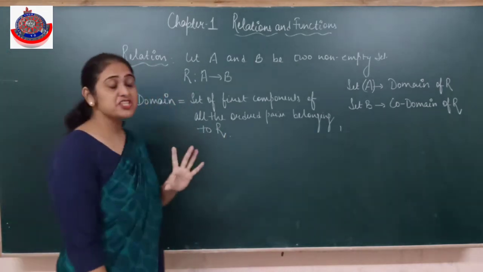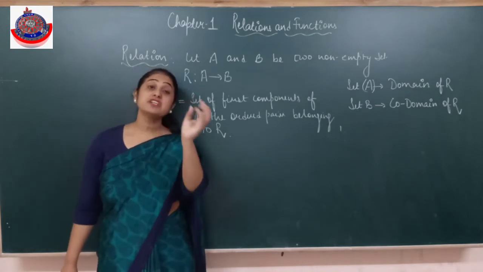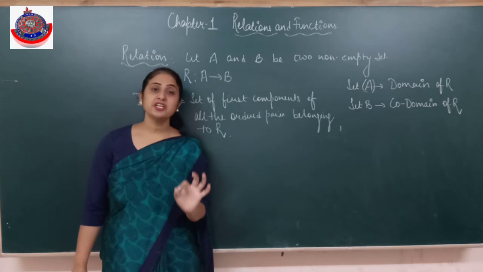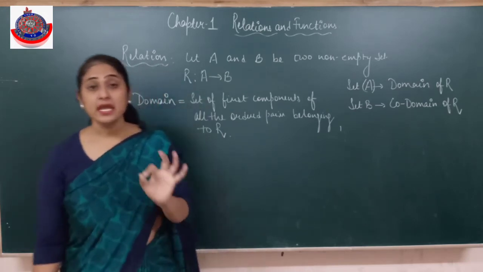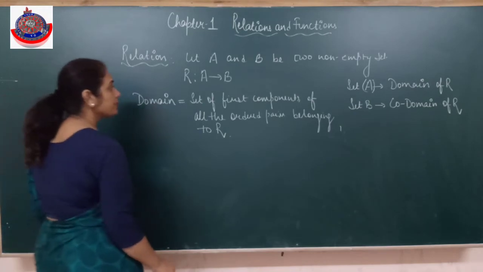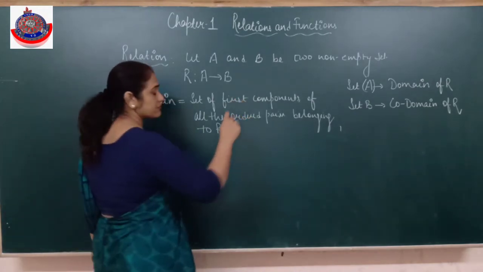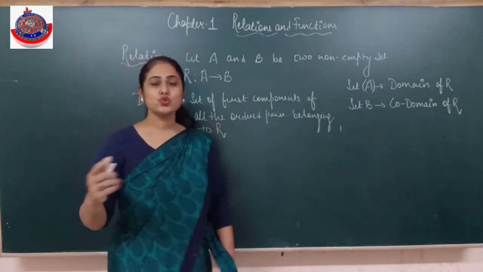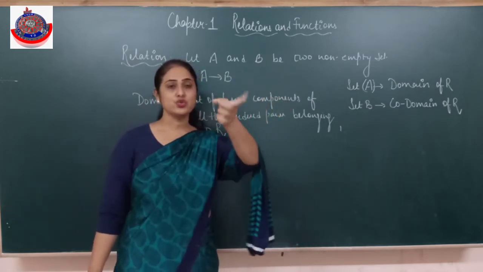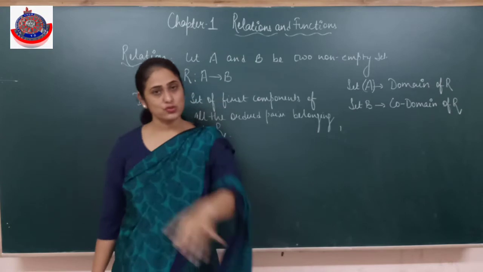This means that of all the ordered pairs that come in R, the first element, the first component of each ordered pair, is called the domain set. Is it clear? That is the domain. Understood? Suppose in the example we wrote (1,1), (2,2), (3,3), (4,4), (5,5), the domain is the first elements: 1, 2, 3, 4, 5, 6 and so on.